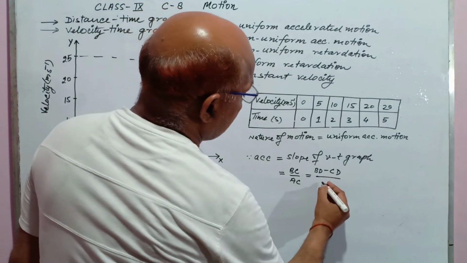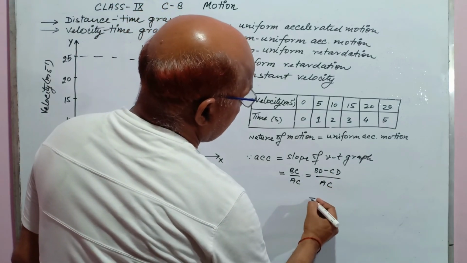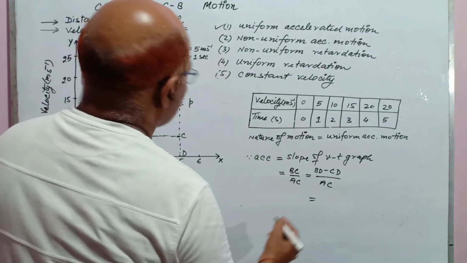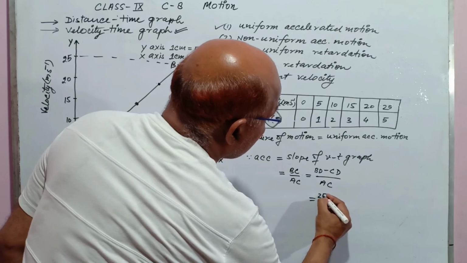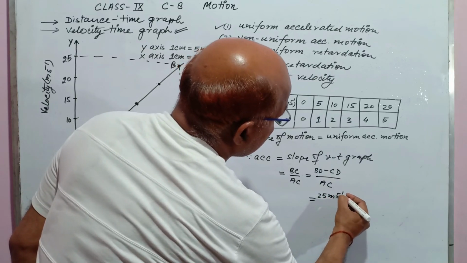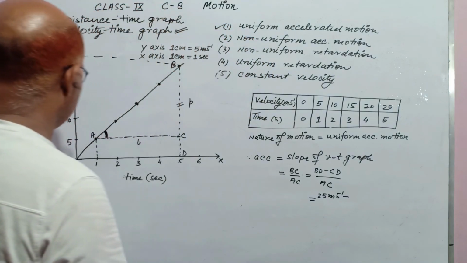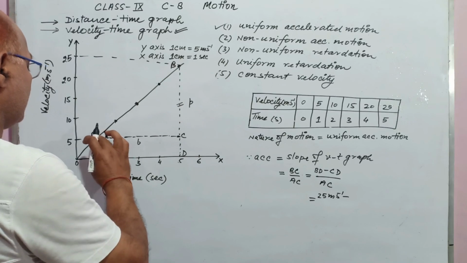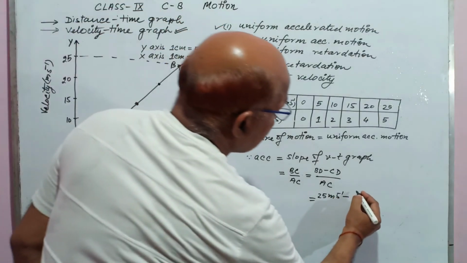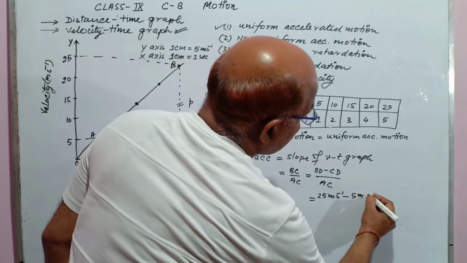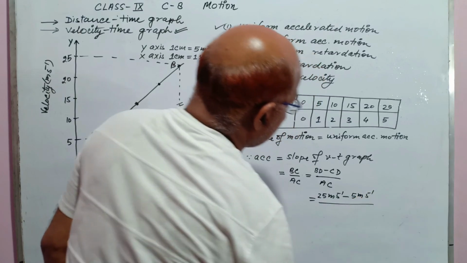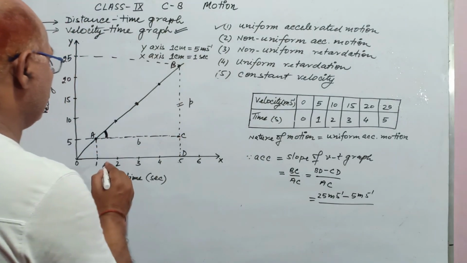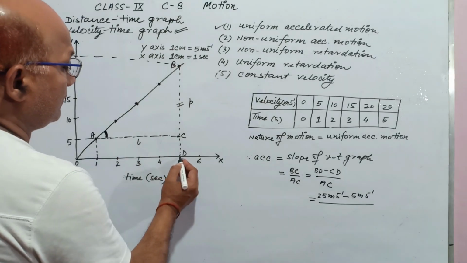BC is from 5 meters per second to 25 meters per second. So BD is 25 meters per second minus CD, and CD is this value, 5 meters per second, upon AC, which means this time interval from 1 second to 5 seconds.